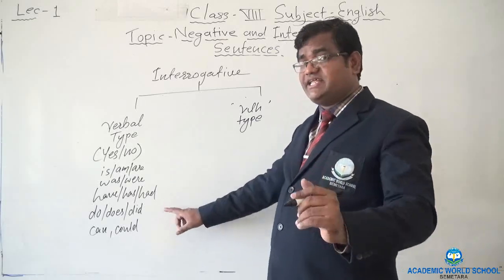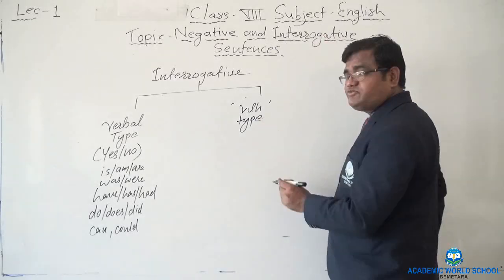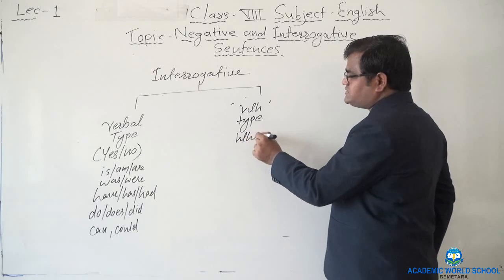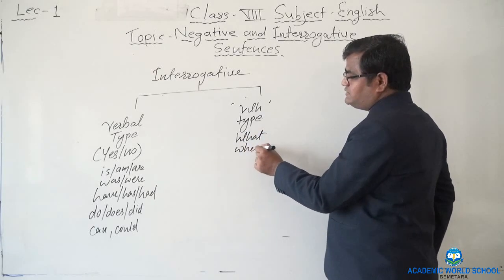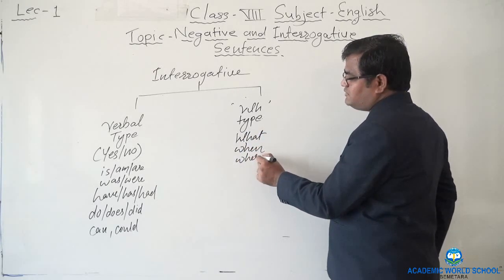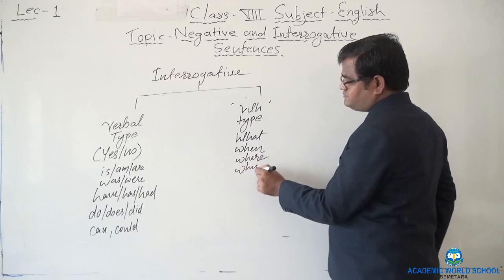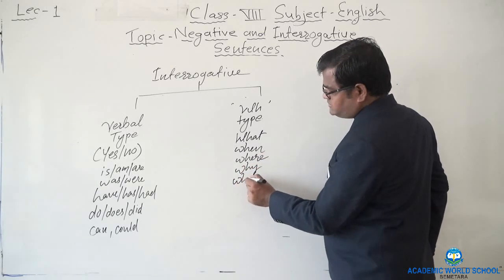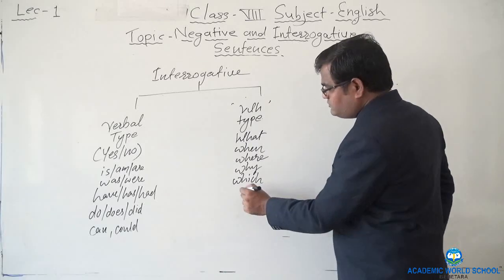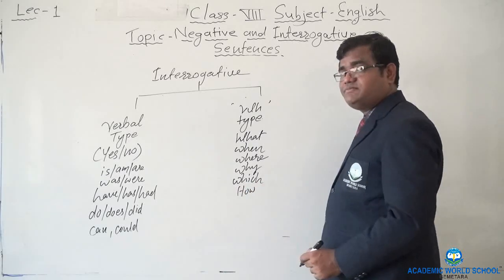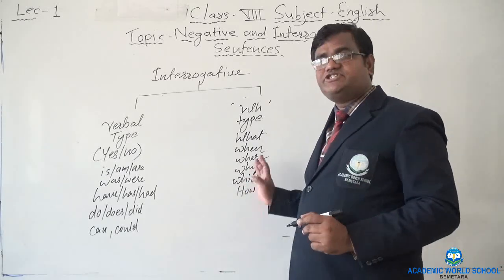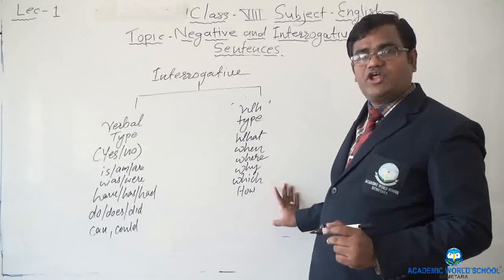And WH type questions may begin with all WH words: what, when, where, why. It may be which, how. These words come because when I ask questions with these words, for example, what are you doing?